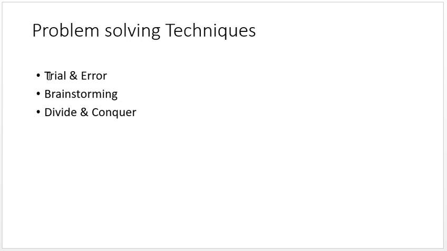Trial and error means you go on applying different kinds of alternative solutions, and out of that you find the feasible and optimal solutions by applying different trials and finding the errors between them. That concept is called trial and error.